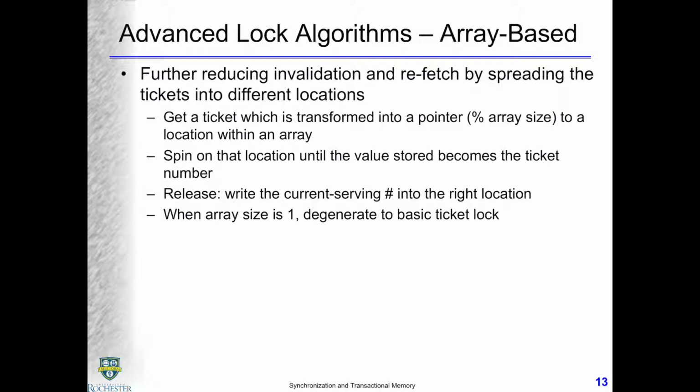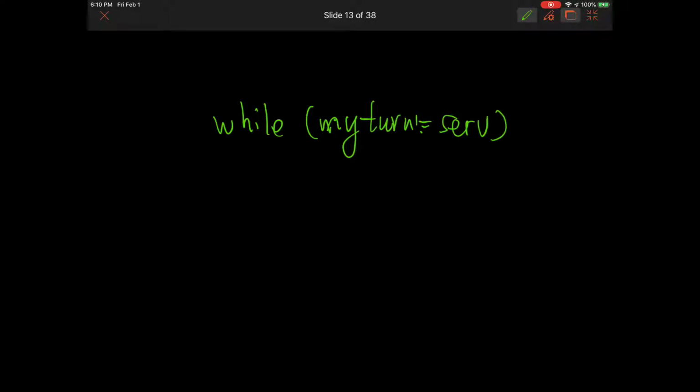Now, this can get even more improved. The code that I was writing waits while my turn is not the same as serve. You see in this loop, I'm monitoring one global variable. Every time this variable gets incremented by 1, I get an invalidation.